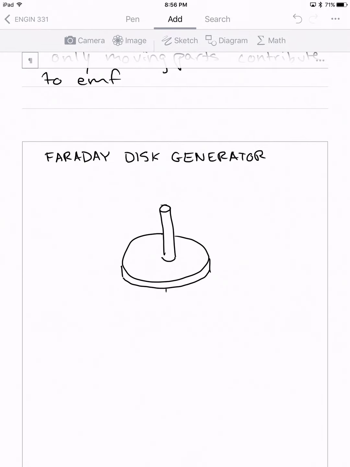The disc is spinning around its axis with some angular velocity omega. And then we have contacts that we make using little metal brushes on the axis and also on the edge of the disc. And then we measure the voltage between those two contacts. We want to know what that voltage is going to be.